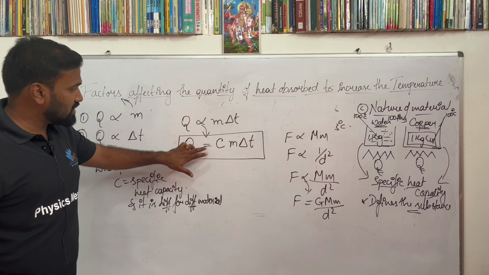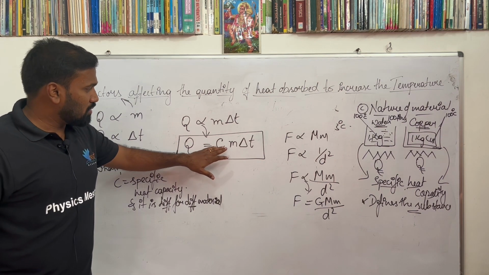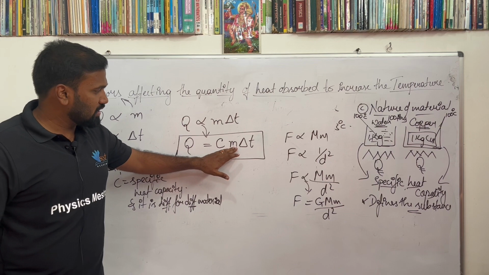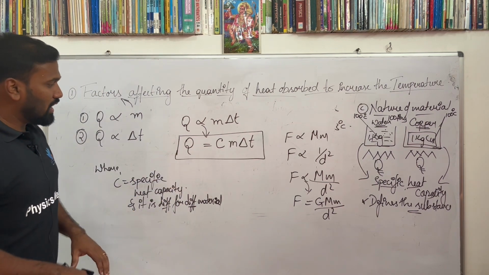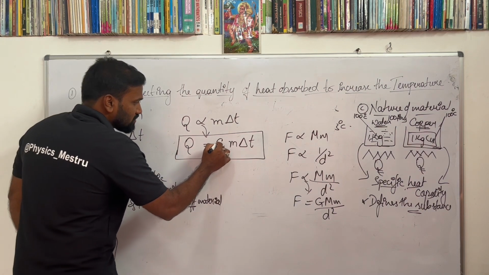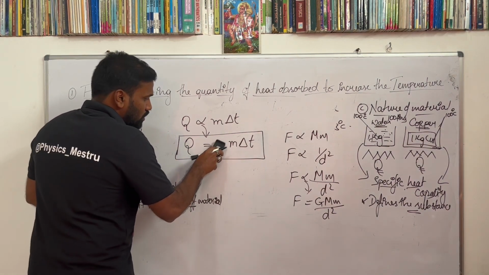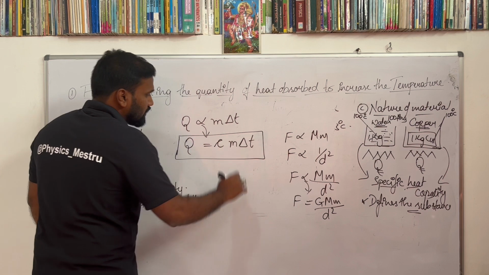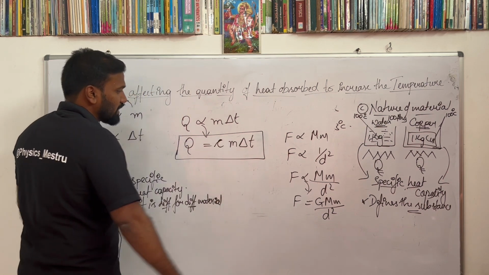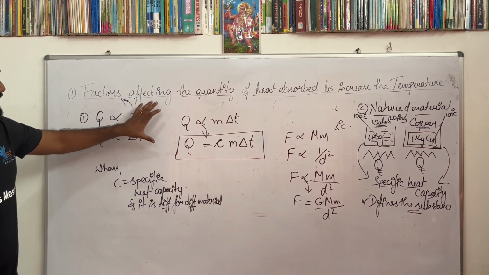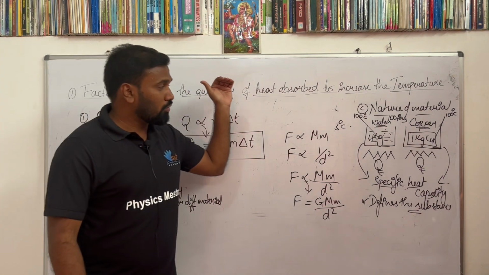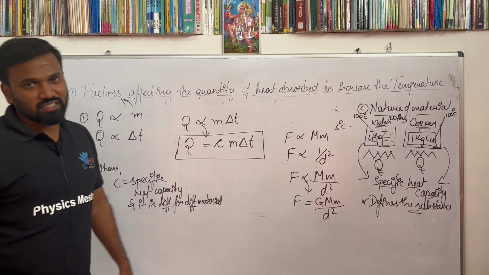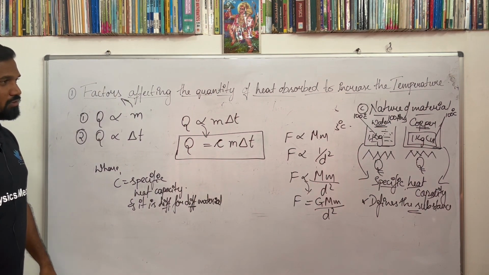Heat energy is the multiplication of specific heat capacity into mass into the change in temperature, mathematically Q = m c delta T. Here this is not capital C, this is small c, that we need to understand. So c is nothing but specific heat capacity. So these are the factors affecting the heat energy absorption to raise the temperature of a substance. I hope you are very clear with this.